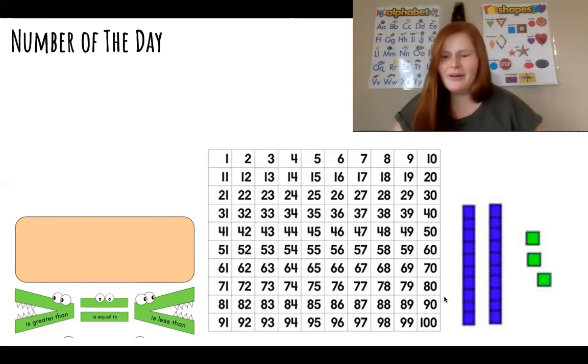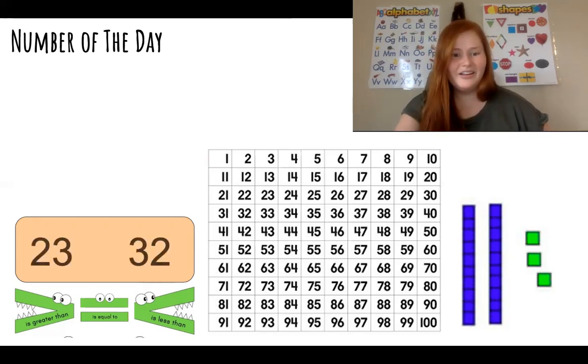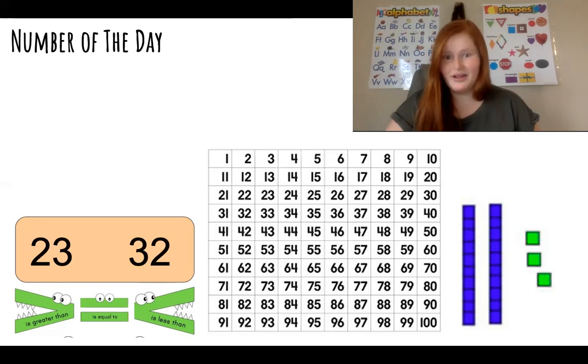All right, so let's play around with that number. If we look over at that orange rectangle, I put 2 numbers up. The first number is a 2 and then a 3, 23. But then the next number, the one that we're going to compare it to, starts with a 3 and then is a 2. They can be confused if you don't look closely at their order.